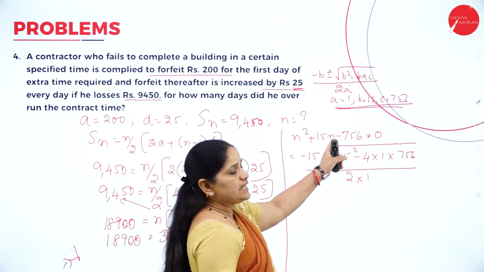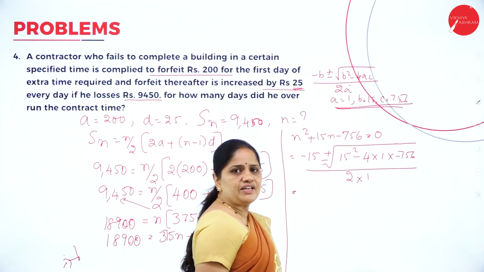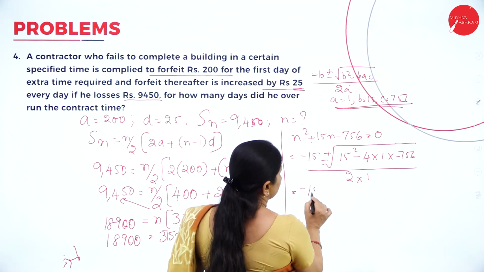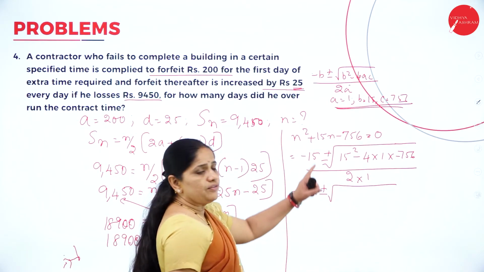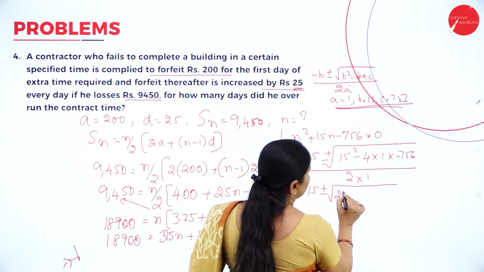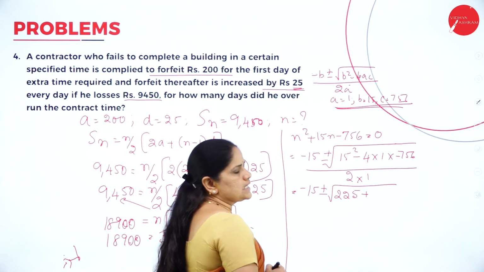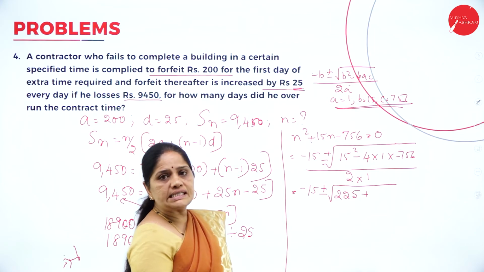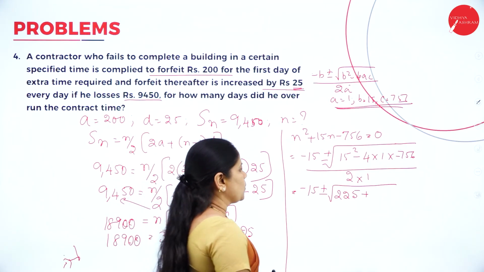So this minus 756, I write it here as minus 756 itself. Now, I get minus 15 plus or minus root of 15 square. 15 square is 225. 225 plus 756 into 4. 756 into 4 is 3024.